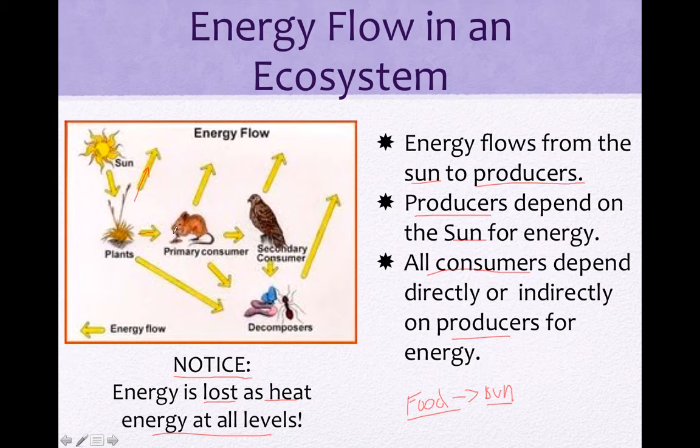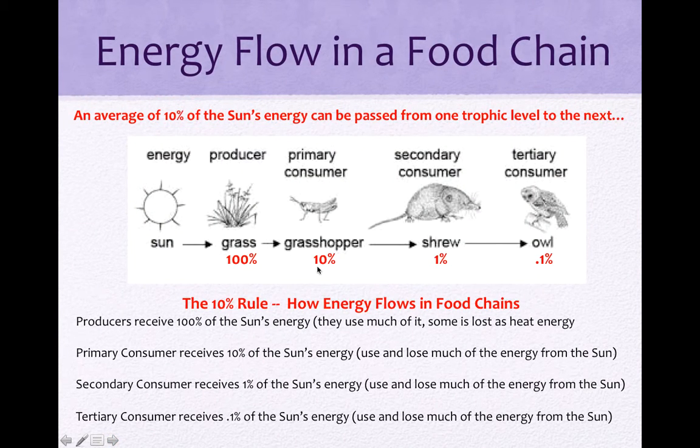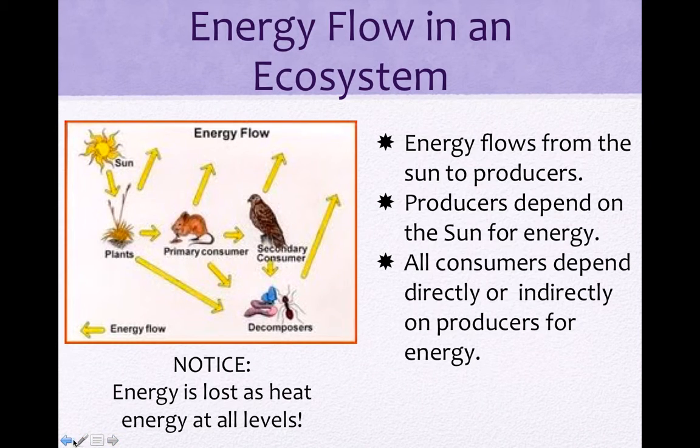But then something right here, like this mouse eats this plant, and anything that eats something is a consumer, and we'll get to that here in a little bit, so we'll move on. On your notes there, you needed to put here that the sun is our ultimate source. After that, producers come in, and then after the producers, we have consumers.